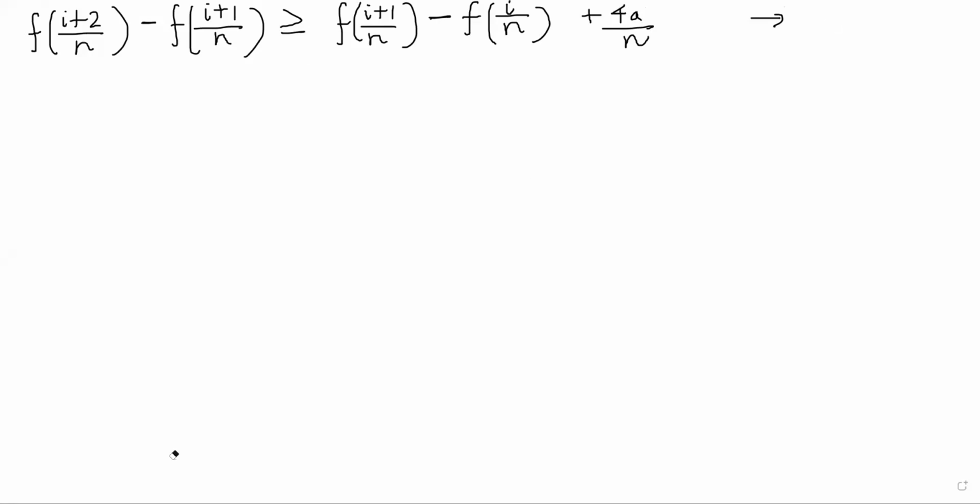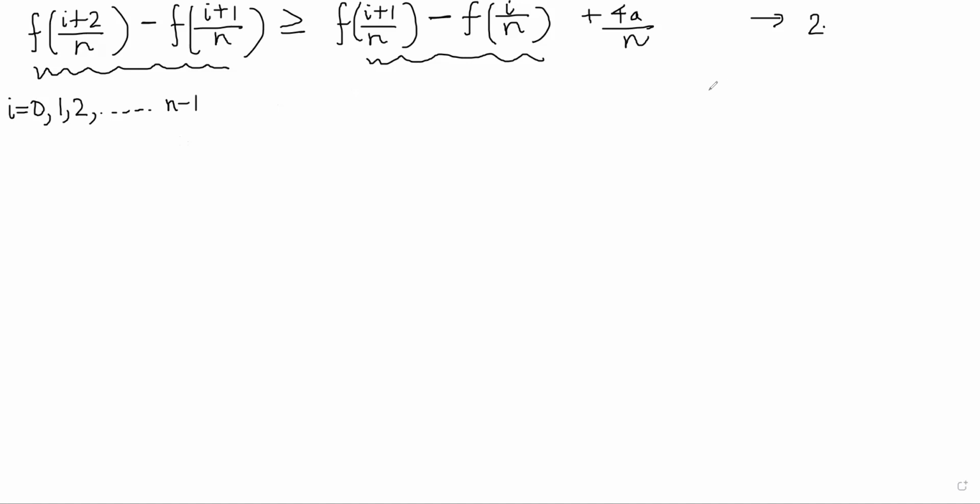If you see the structure of this inequality, you will realize there are telescoping series possibilities here. If you take i as different values, for example i equal to 0, 1, 2 till n minus 1, what should you get?